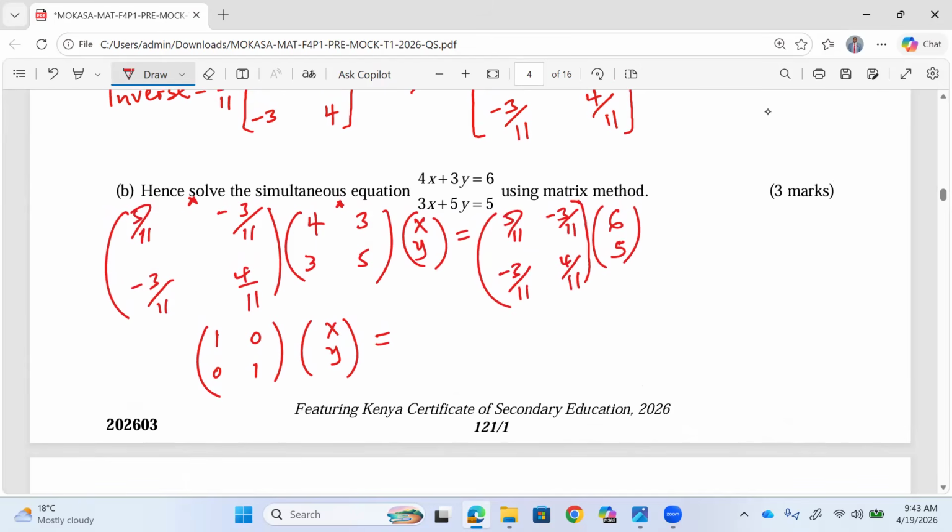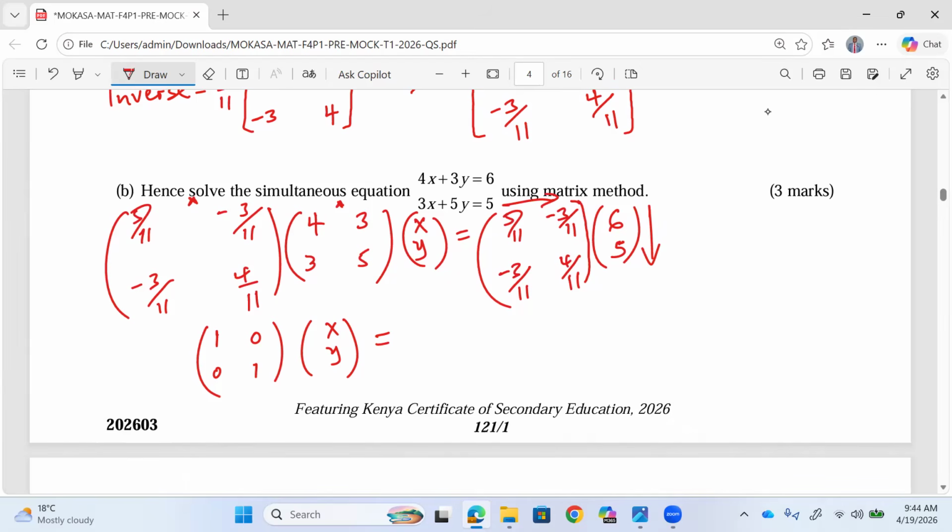Now we check the right-hand side whereby we're supposed to multiply matrices. So it's about row times column. So in the row times column, it should be 5 over 11 times 6, then negative 3 over 11 times 5.